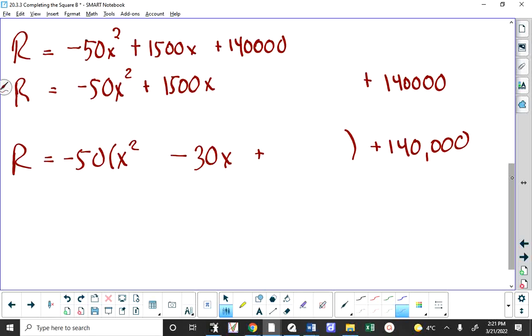I got to put in a number there that makes what's in brackets a perfect square trinomial. So the number that goes here will be what we get when we take half of 30 and square it. By my count, it's 225.